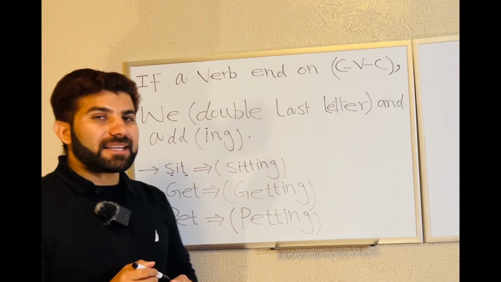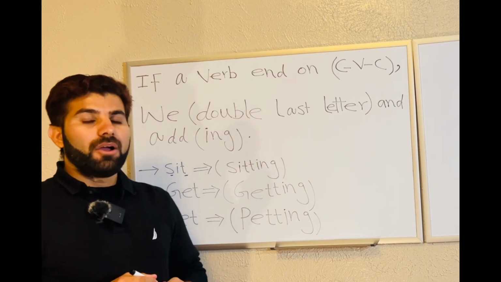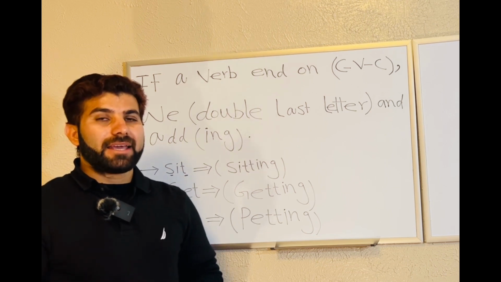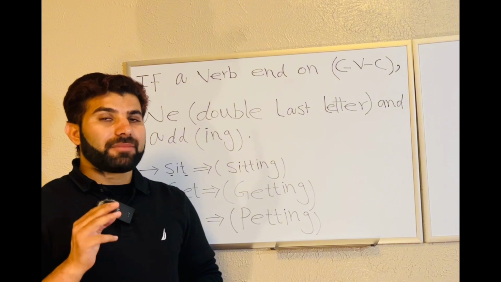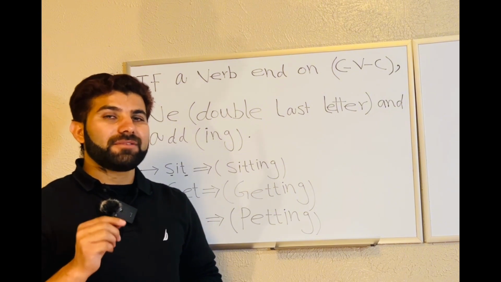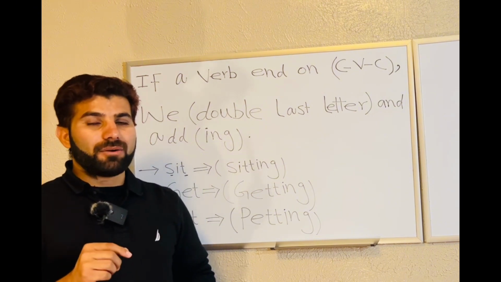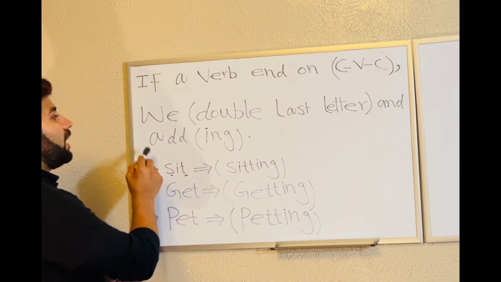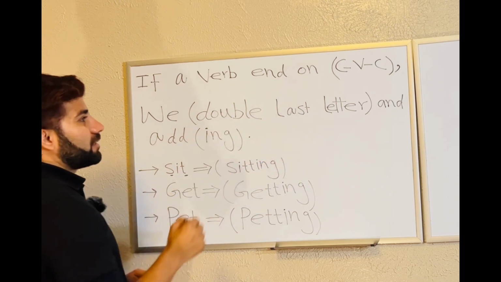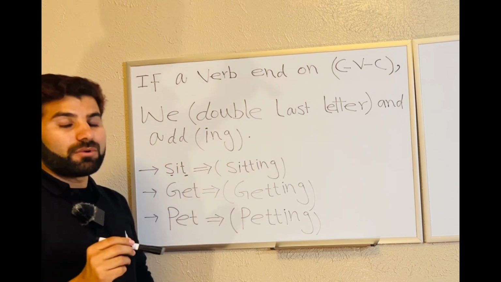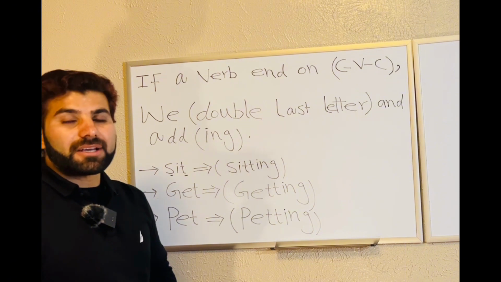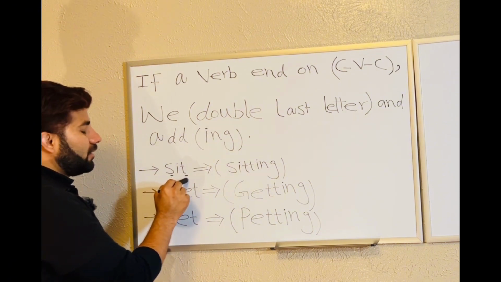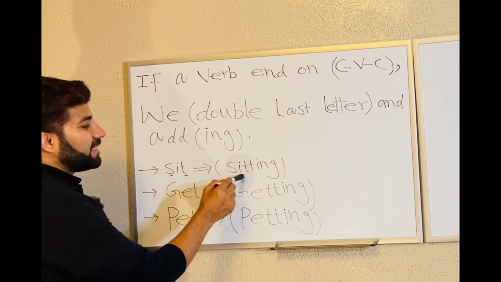If a word is ending in CVC, that means the last 3 letters are consonant, vowel, consonant, then we will double the last letter, the last consonant, and then we will add ing. For example, sit, S-I-T. We will make this word sitting.